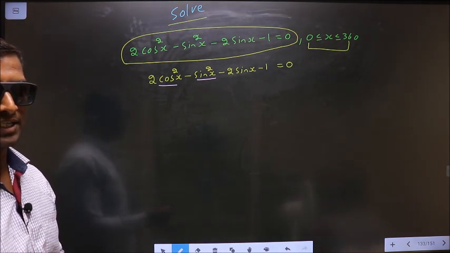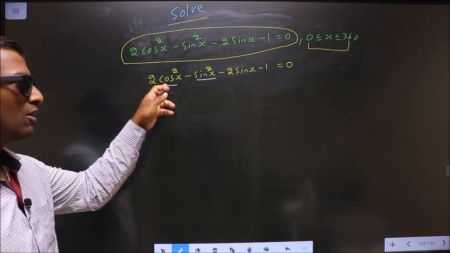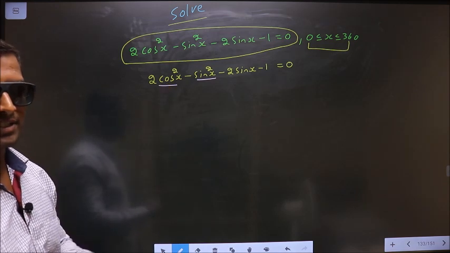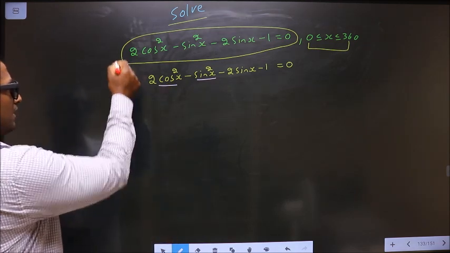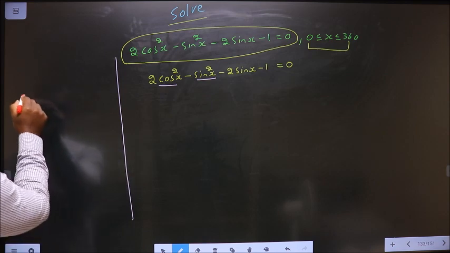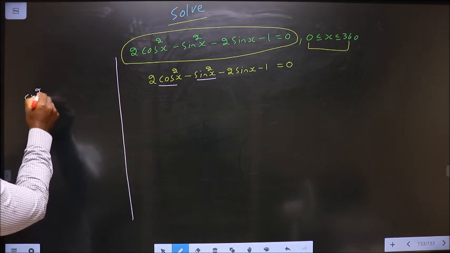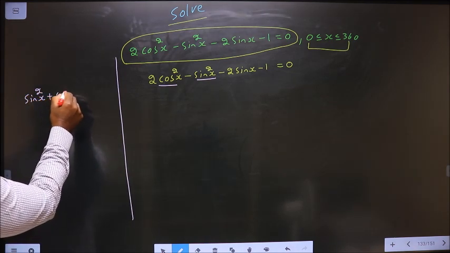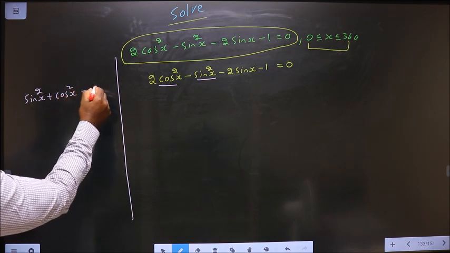So what I do is, I change cos square in terms of sin square with the help of this identity, that is sin square x plus cos square x equal to 1.